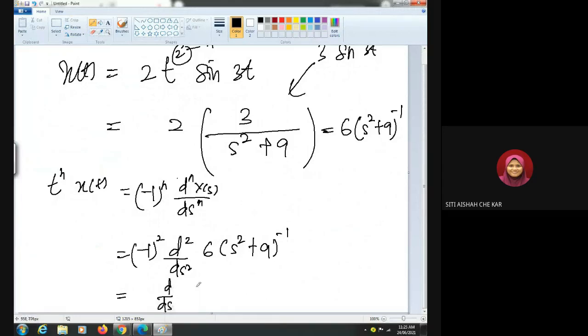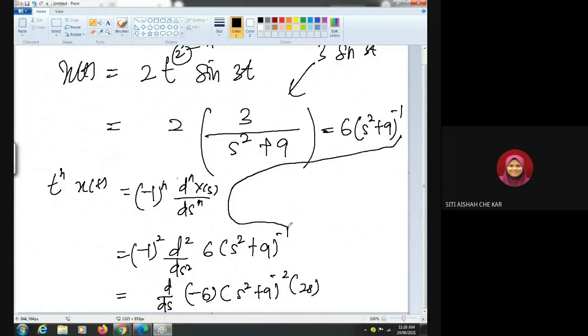So kena ada lagi lah DDS sebab kita baru differentiate sekali. So negatif 1 darab 6, negatif 6. S kuasa 2 campur 9 kuasa negatif 2. Lepas tu sebab dalam ni S kuasa 2, kita kena differentiate 2S lah. Betul tak? Betul, betul. Okey.